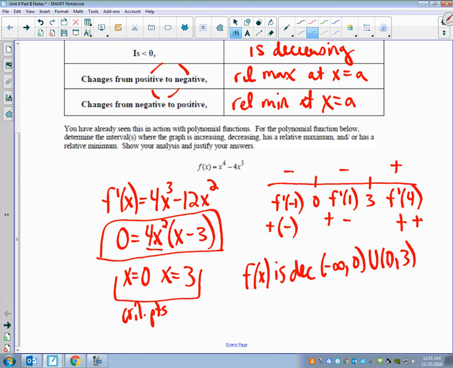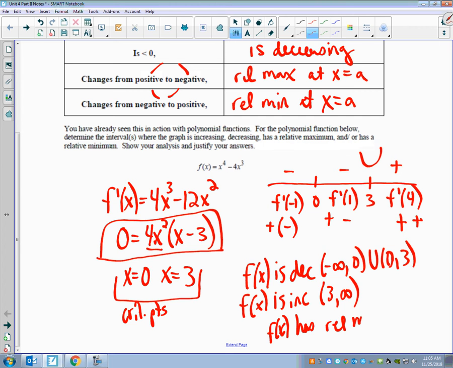It's actually 0 at 3. F of x is increasing from 3 to infinity. And f of x has a relative what? Decreasing, increasing, relative minimum.